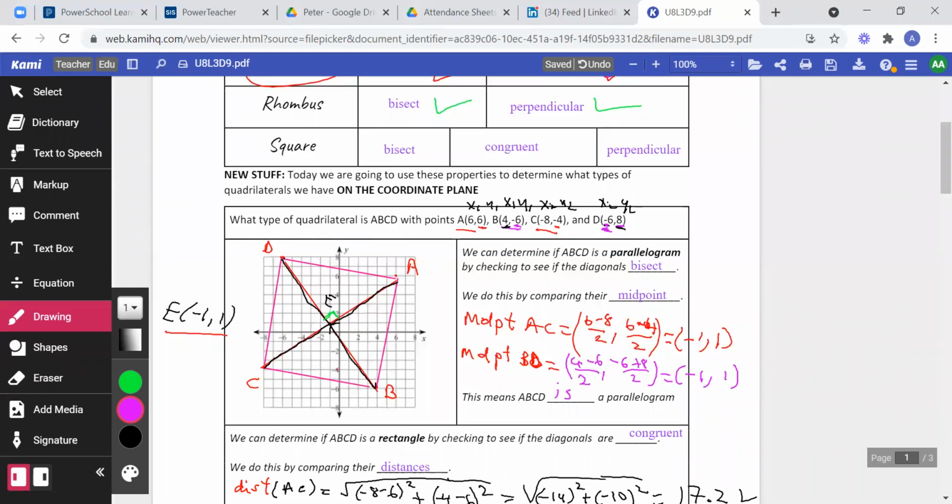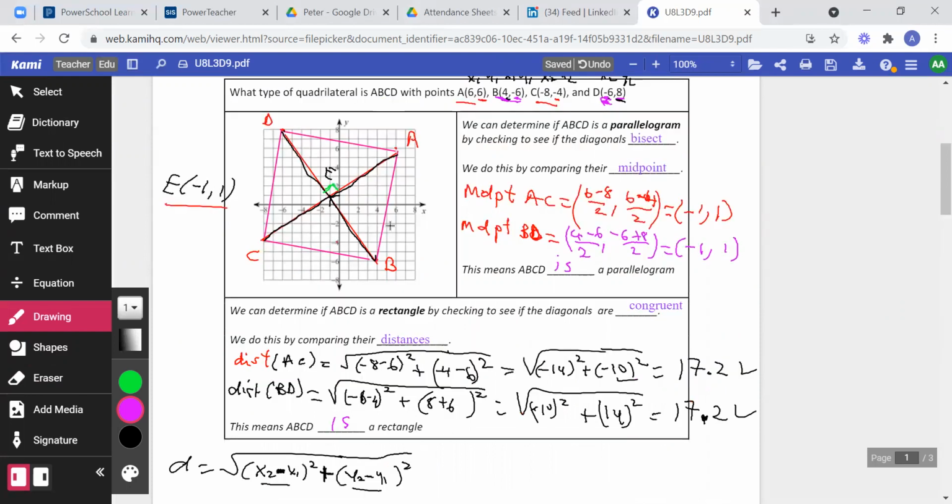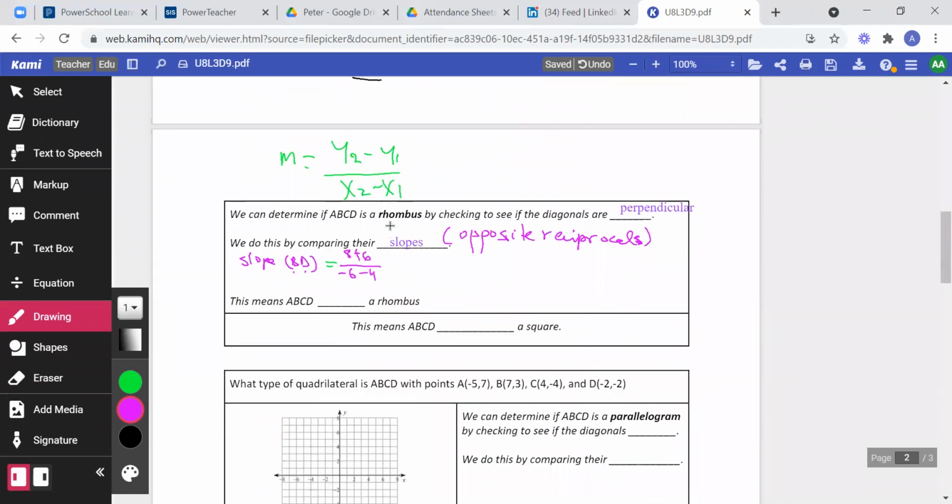This minus this, and the other, 8 plus 6 gives 14. -6 minus 4 is -10. So 14 over -10.